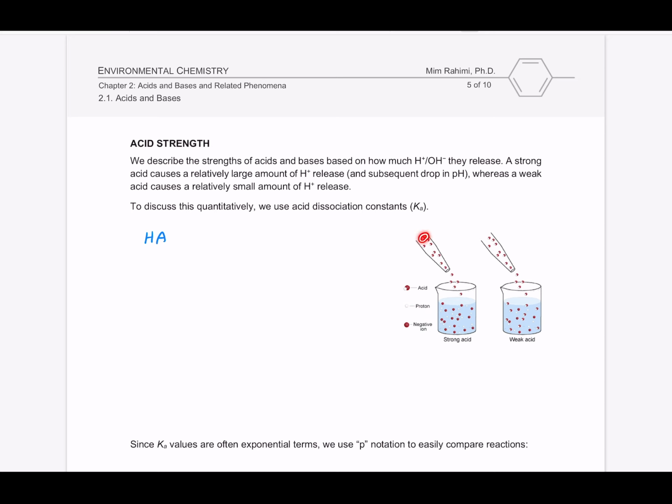In the case of strong acid, it fully dissociates into H plus and A minus. All the molecules dissociate. But in the case of weak acid, HA still exists, and some H plus and A minus. So that's conceptually the difference between a strong acid and a weak acid.